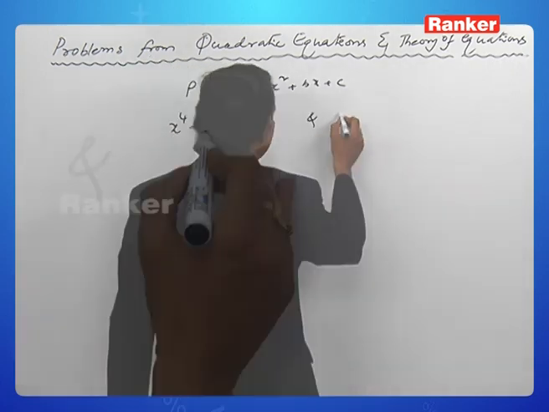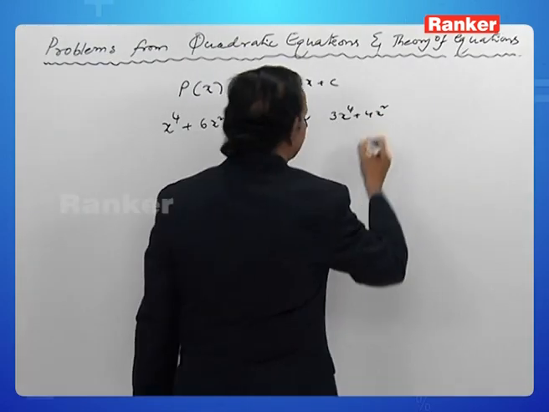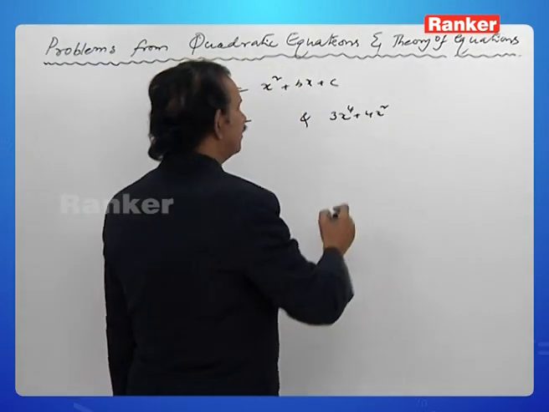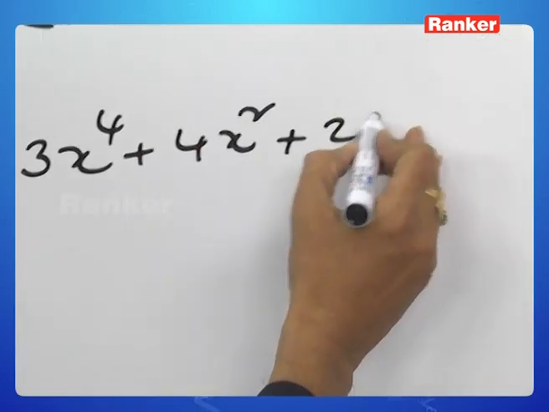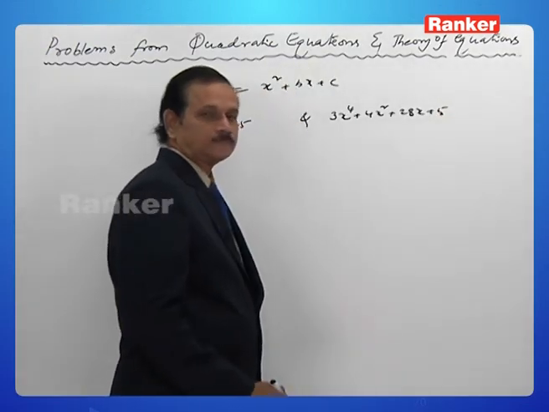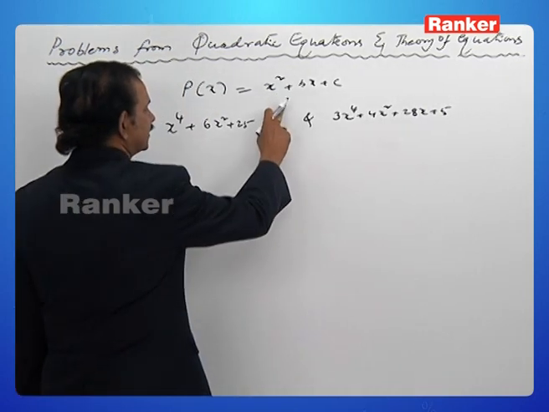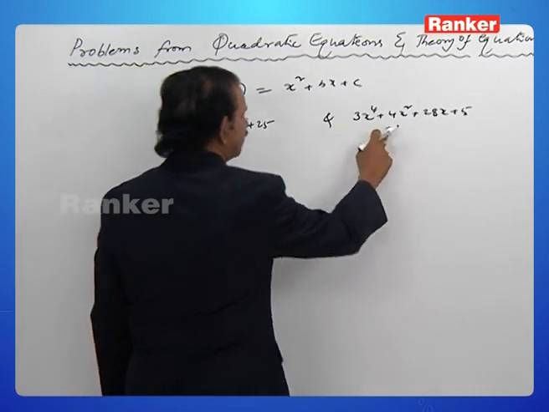What is that? 3x power 4 plus 4x square plus 28x plus 5. He has given. Therefore, p of x is a factor of this and factor of this.